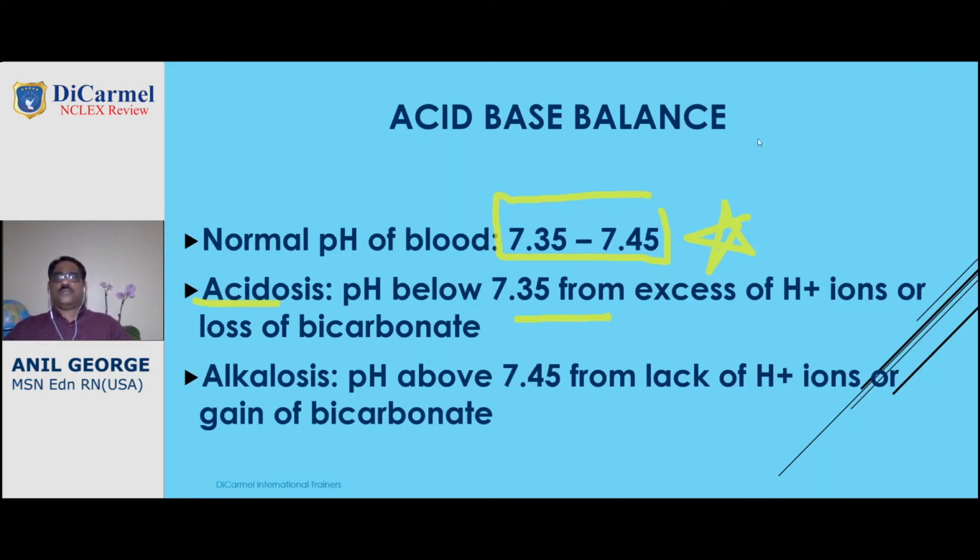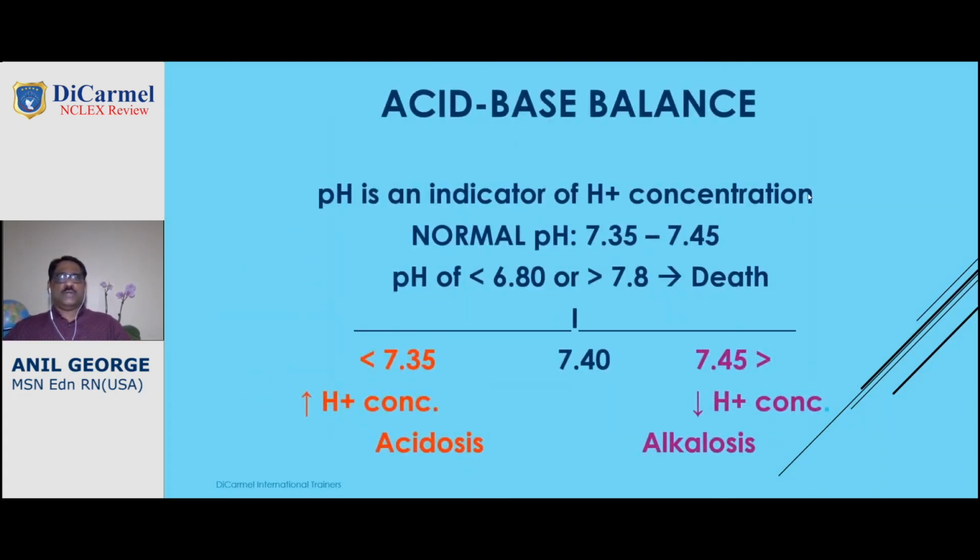The pH goes low, which can happen from expelling too much bicarb, or by retaining carbon dioxide. Whereas alkalosis is from lack of hydrogen ion, or too much retention of bicarbonate. So that's how the imbalance happens. We'll get a better picture moving forward.